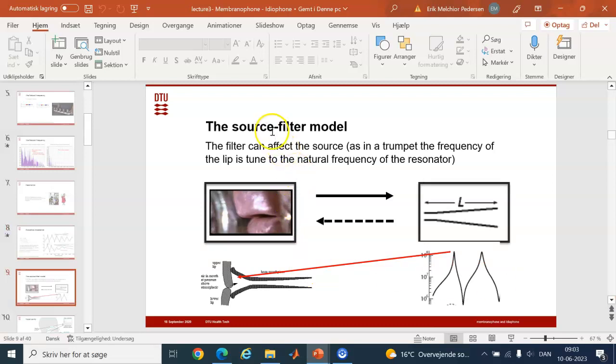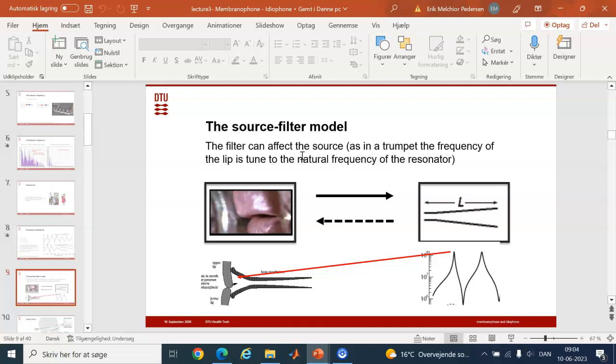This is just repeating the source filter model. The filter can affect the source, as in a trumpet. The frequency of the lip is tuned to the natural frequency of the resonator.